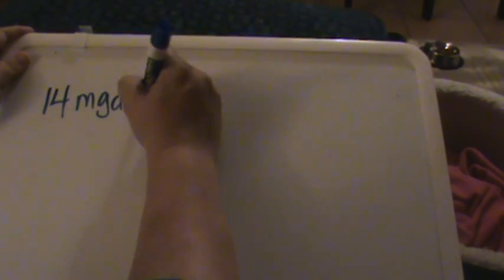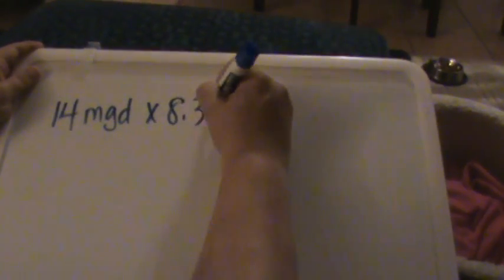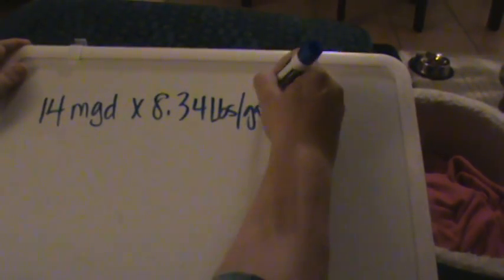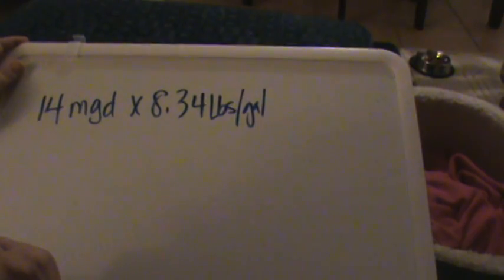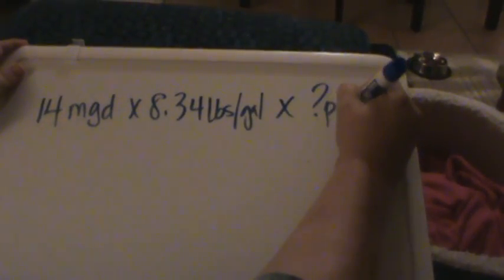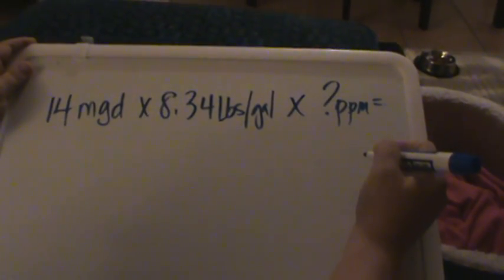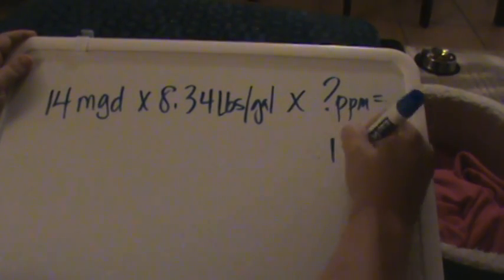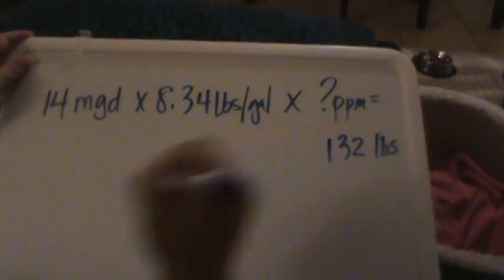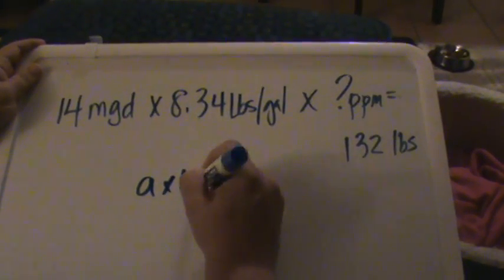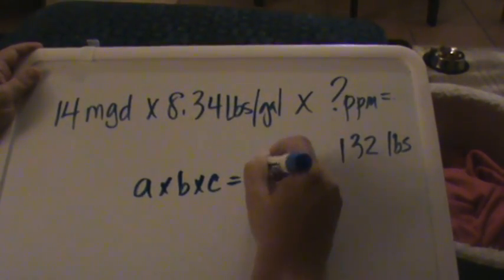We have 14 million gallons per day times 8.34 pounds per gallon times parts per million, and it equals 132 pounds of chlorine.